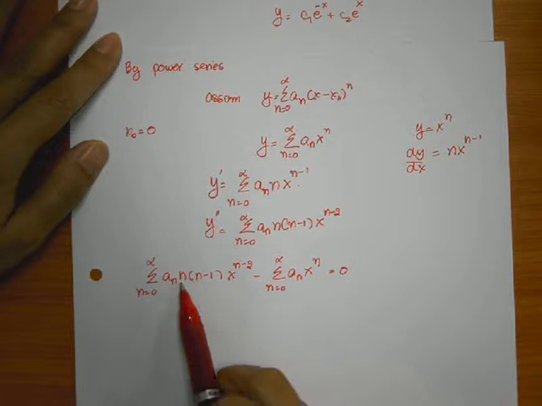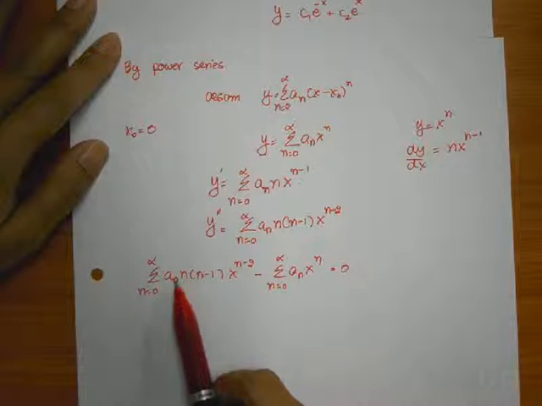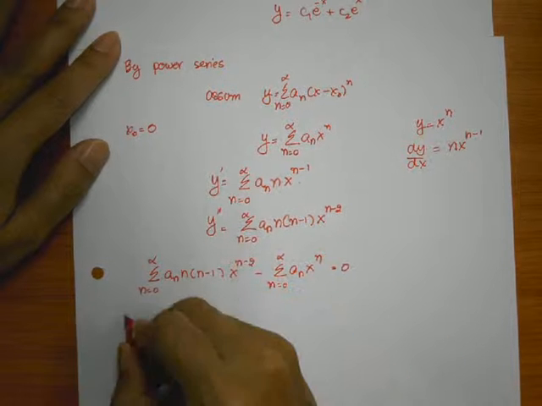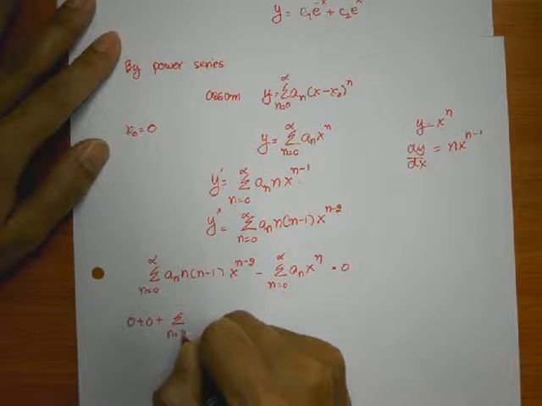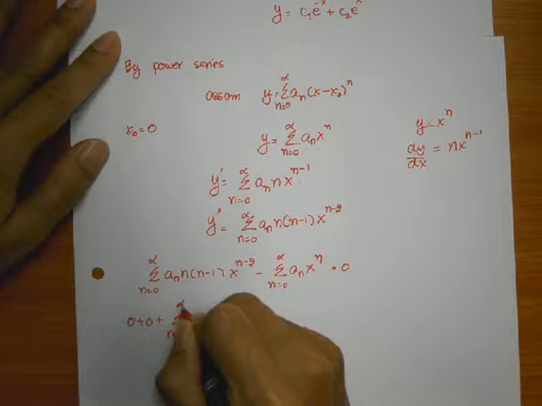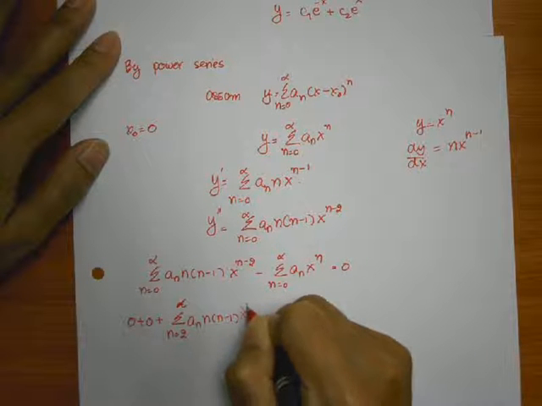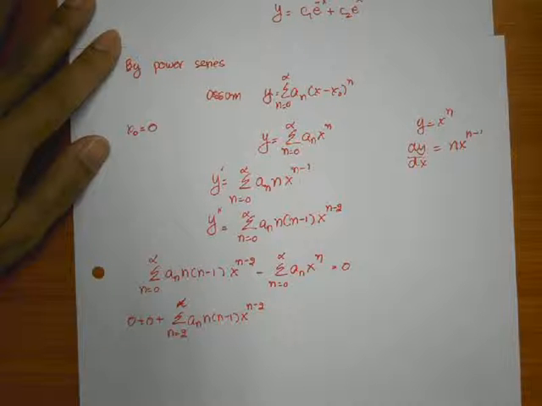If you put n equal to 0 here, what you get? 0. If you put n equal to 1, 0. So I said that. Right?